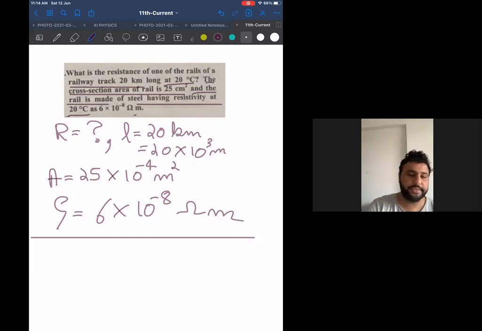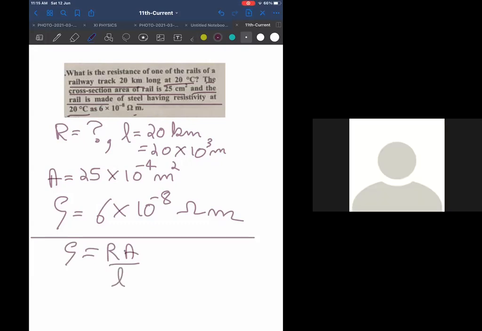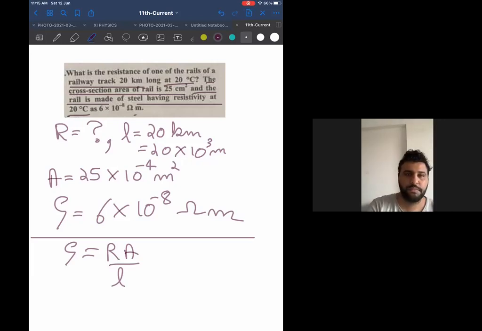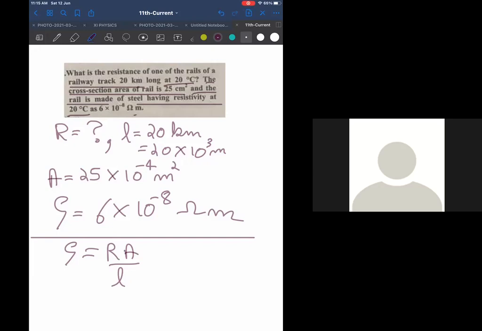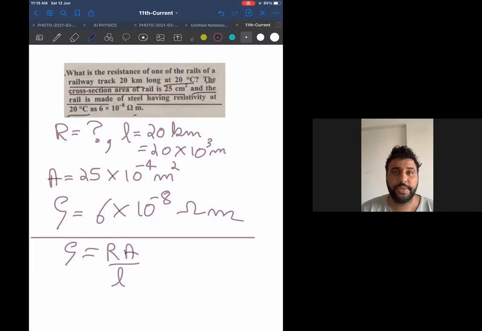You have to use the formula for resistivity itself, that is rho is equal to RA by L. From this formula itself, you have to get the answer. Okay, I got one answer. Others, please try to answer quickly.